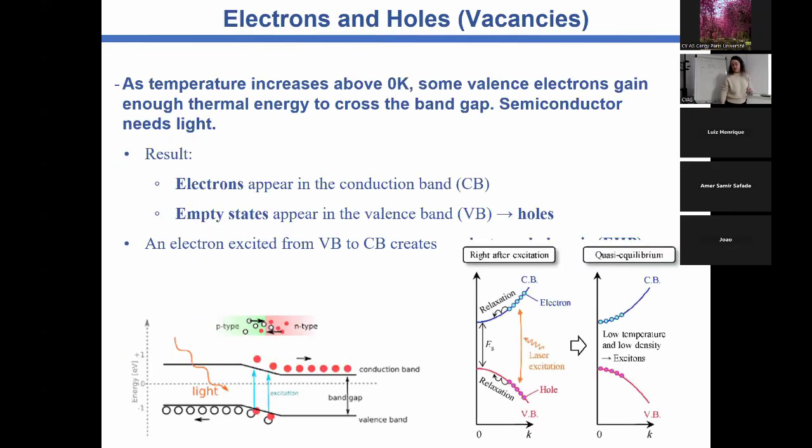Okay, some of these things I talked about, and now I will talk about them again, but it's good to give you an overview. When there is a perturbation, it means that there is light-matter interaction. We create in the material a hole, which is the absence of an electron in those states.